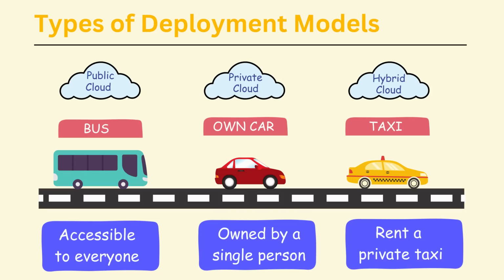And thirdly, if I want the best of both types, like the comfort of the own car and still don't want to pay all upfront, and only want to pay for the time that I use the service, I can rent a car. Similarly, I can have it in a hybrid environment. Meaning, if I already have a DC, I can integrate it with the cloud and use both, and that would become a hybrid environment.